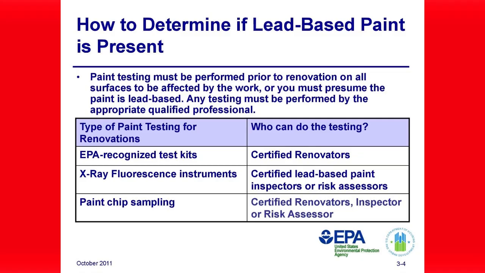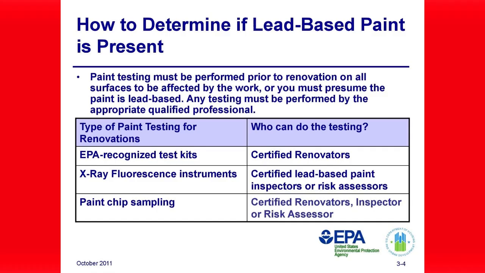An EPA-recognized test kit, which you will learn in this class, may be used by a certified renovator. An X-ray fluorescence instrument, which we call an XRF, is used by a certified lead paint inspector or risk assessor. A certified renovator may not use this XRF or X-ray fluorescence instrument unless they are certified to do so.